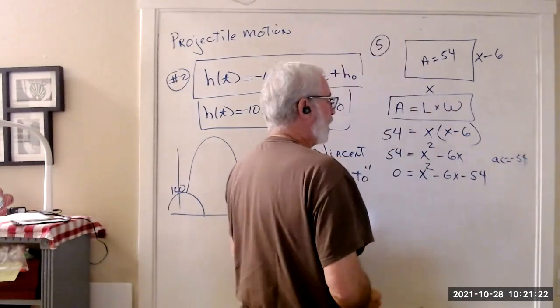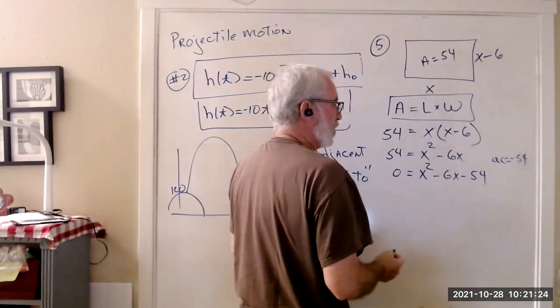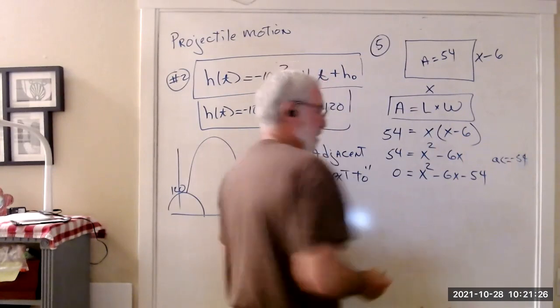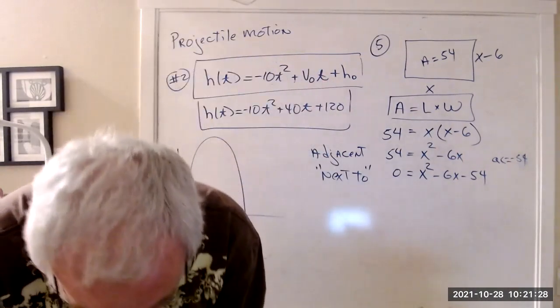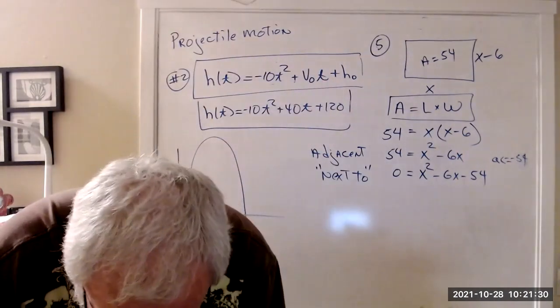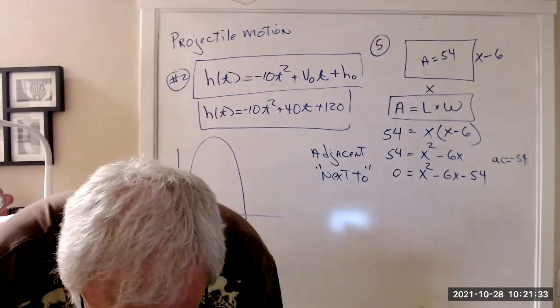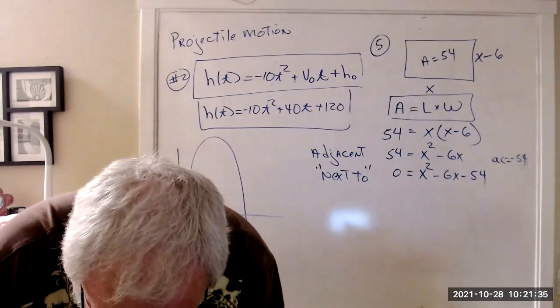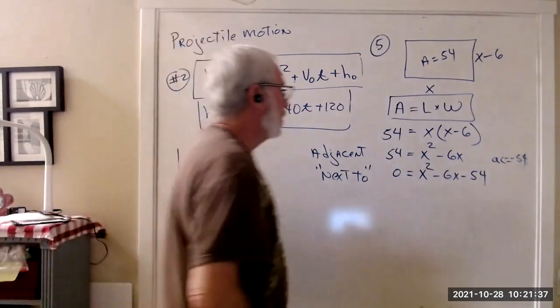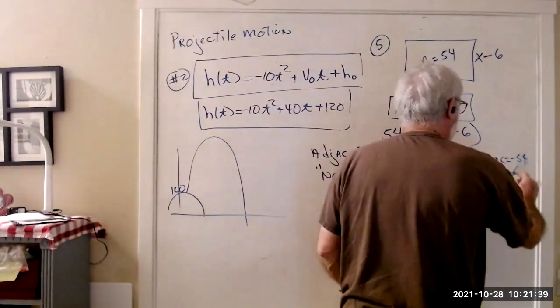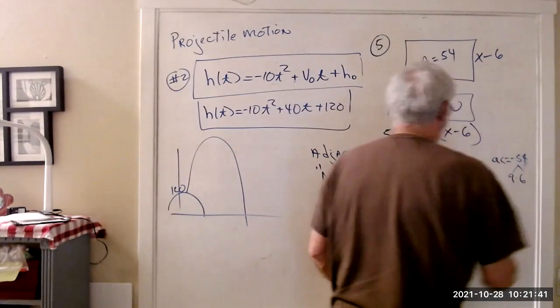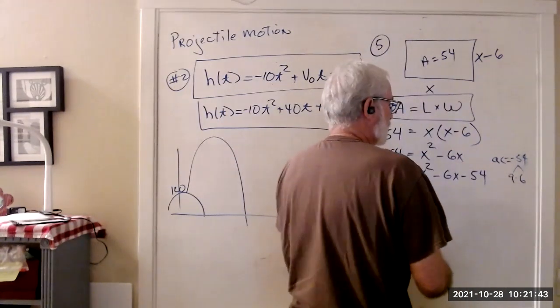So what times what makes 54? Did I copy it right? Please make sure I copied it right. 54, yeah. But if I break it down, that's 9 times 6. That doesn't work.